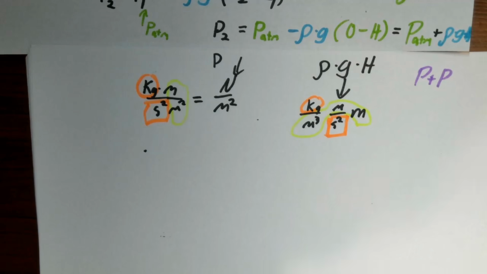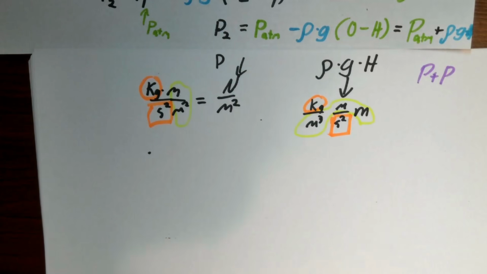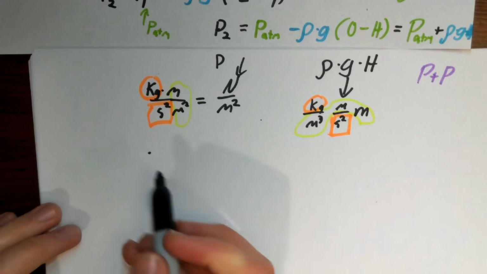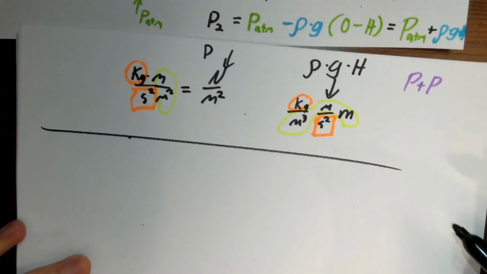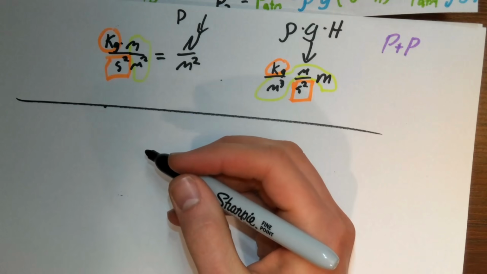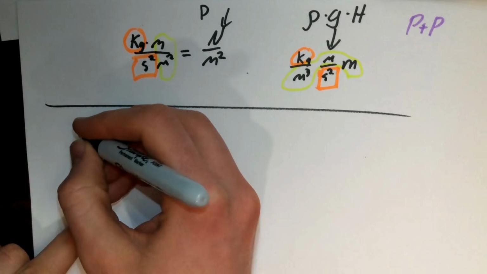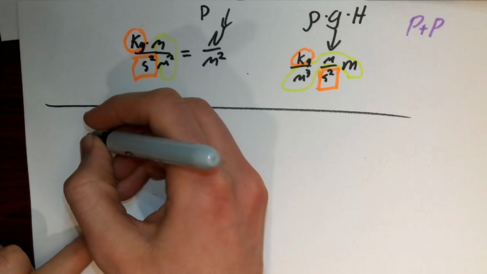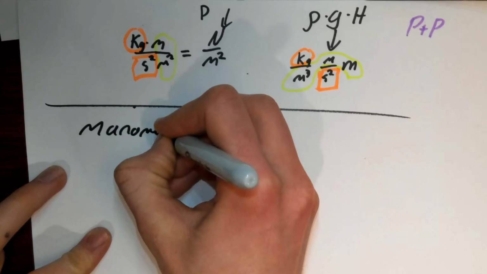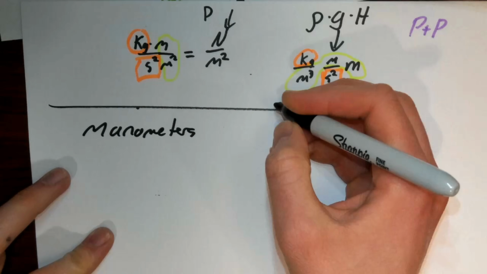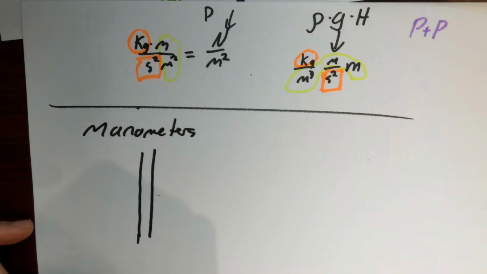I wasn't being entirely cheeky at the beginning when I was talking about this blood pressure cuff right here. Hydrostatics is a very useful concept when talking about blood pressure. For old school blood pressure manometers, they had a tube that was full of mercury.